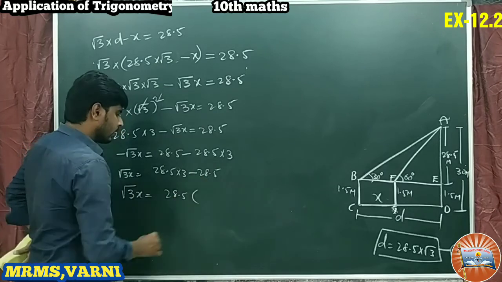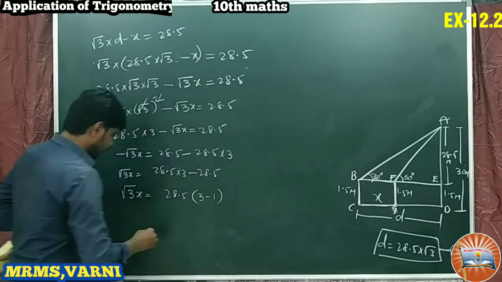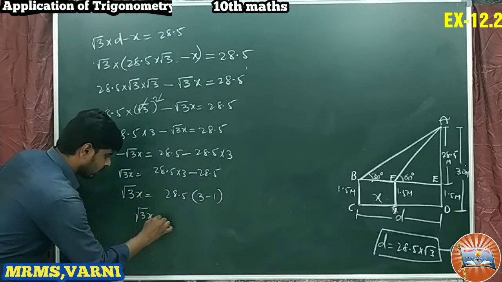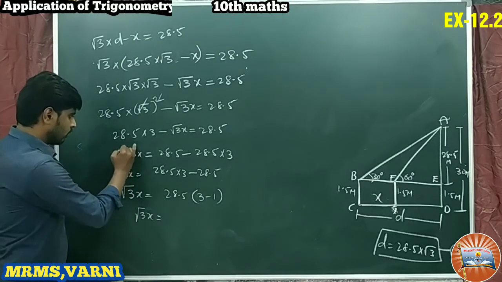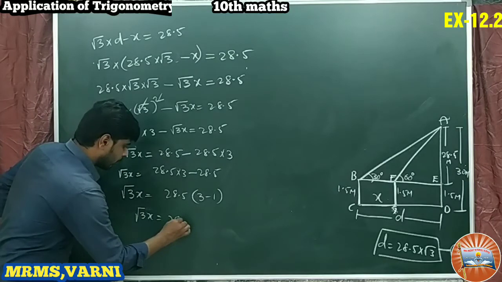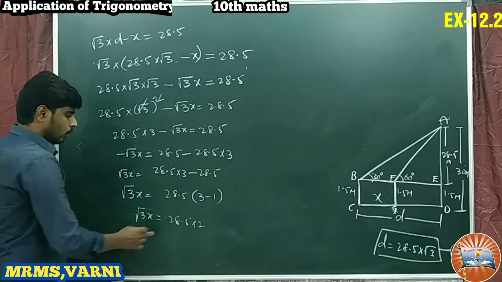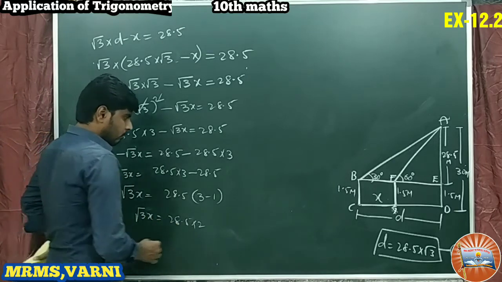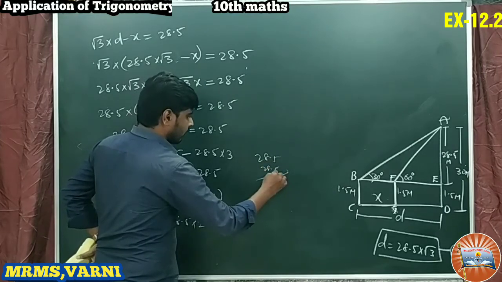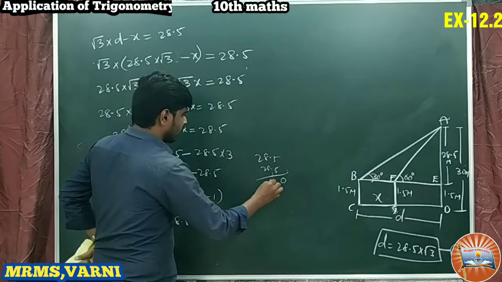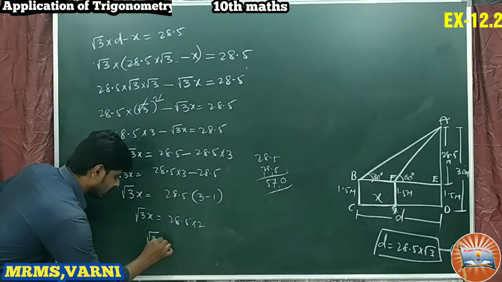Taking 28.5 common, it becomes 3 minus 1. The root is only for 3, not for x. So 28.5 into 2 becomes 57.0.